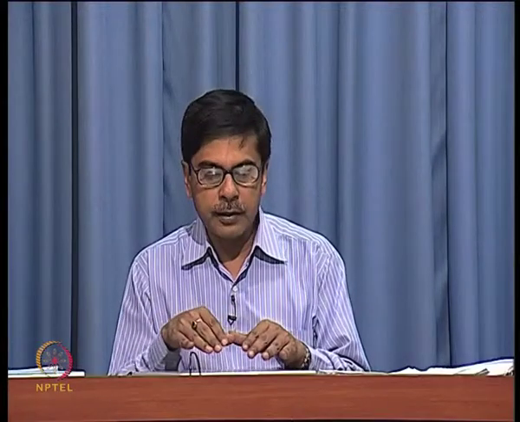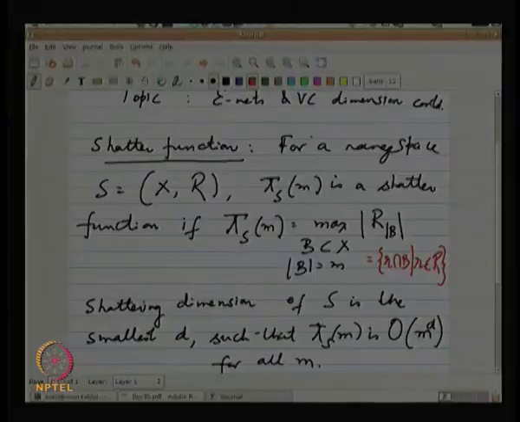And in that process I gave another intermediate definition, of a shattering dimension. The shattering dimension says that you look at the worst case configuration, so that you are looking at the maximum number of subsets that can be generated for that worst case configuration of size m. That defines my shattering function.